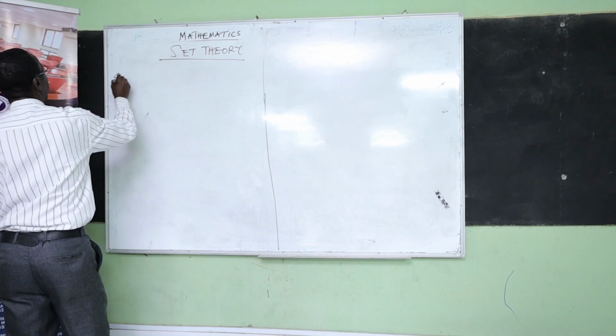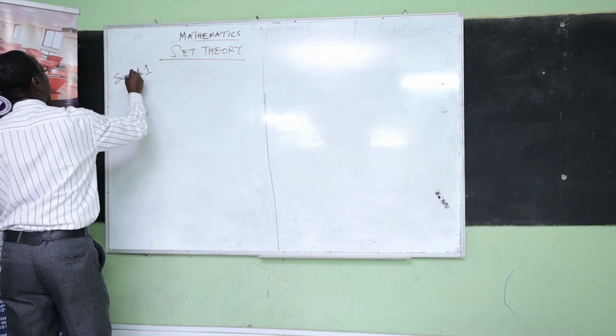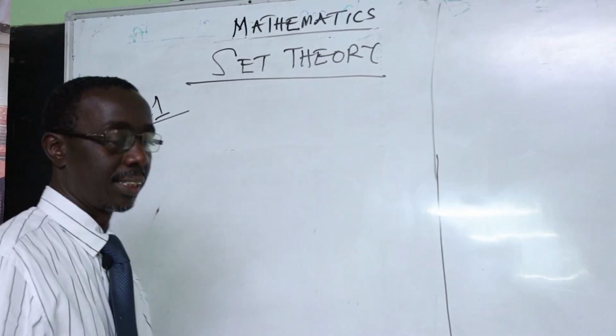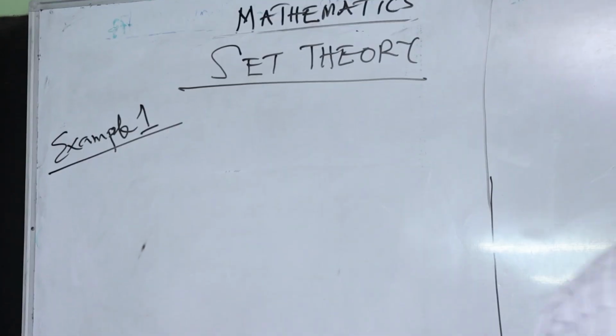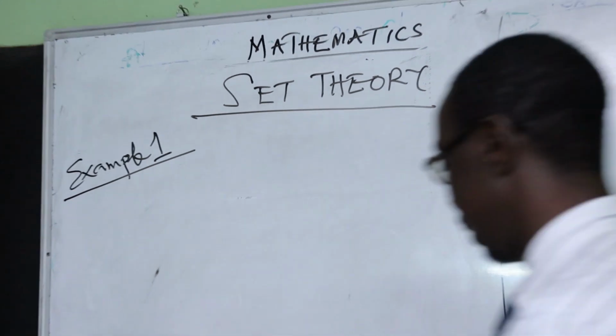So this is our example. Example 1. The universal set of that question is what? 31.